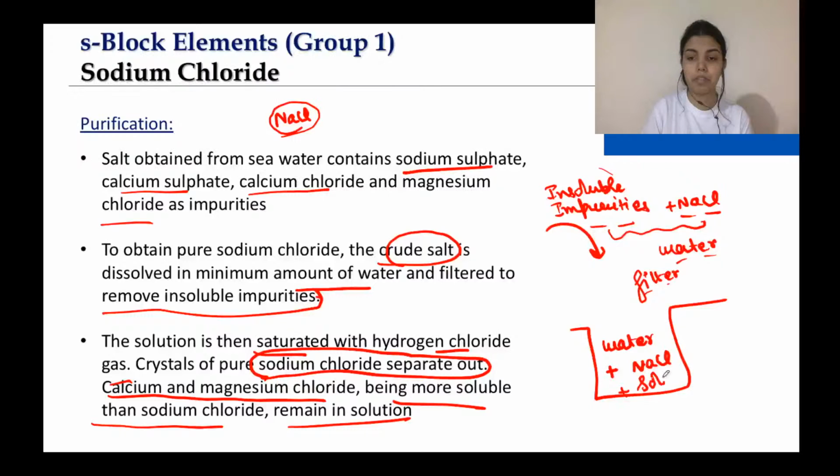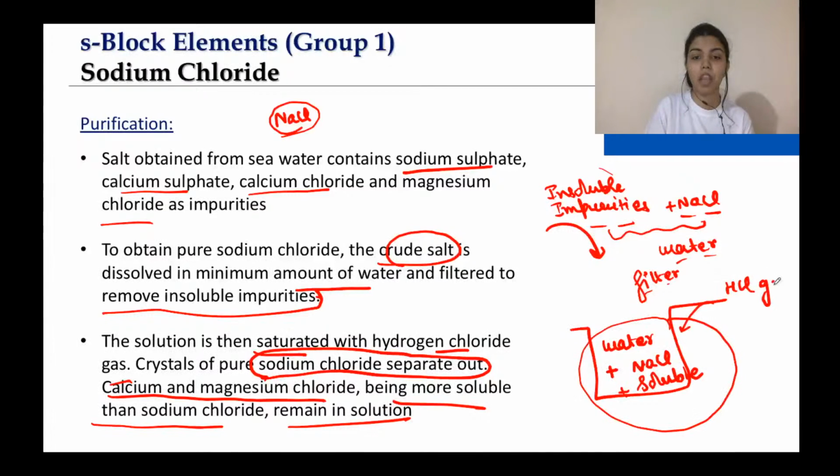Now we saturate this solution with HCl gas. On saturation, NaCl separates out as pure crystals and the soluble impurities are left behind with water. So this is how you can separate the insoluble impurities as well as the soluble impurities from the seawater.